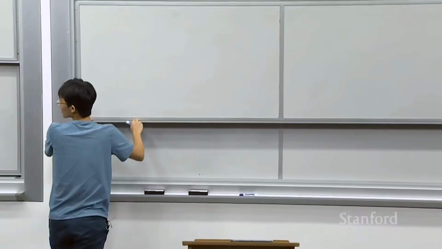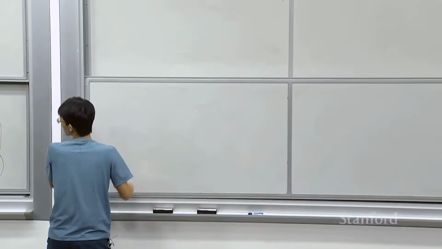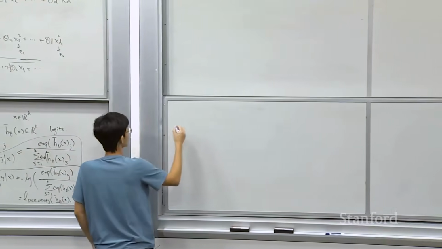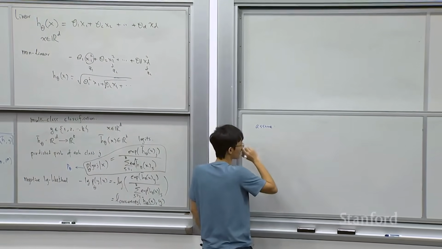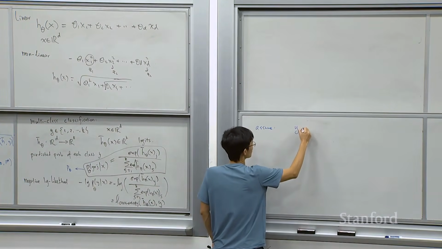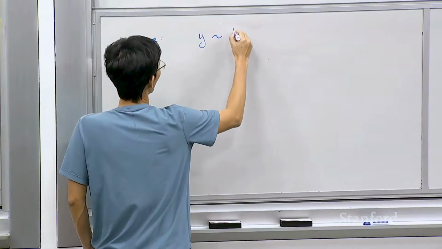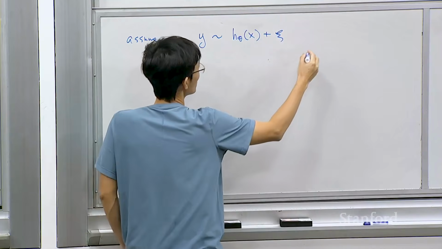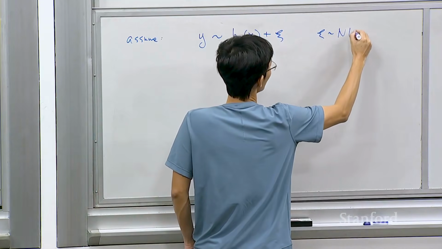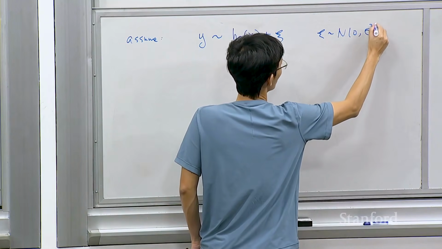I think it should be easy. If you make the modeling assumption that y is generated from h_theta(x) plus some Gaussian noise, where epsilon is from N(0, sigma squared), something like this.